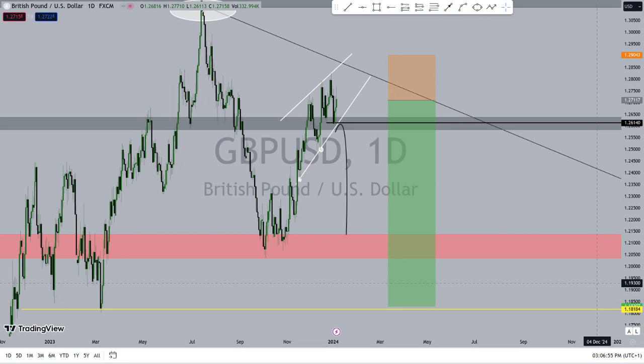Don't forget, trade your plan, plan your trade. Be patient. Don't be too skeptic about entering into a trade when you're not seeing a valid setup. Wait, there's so many opportunities in this market. If you rush into a pair which is not giving you a clear direction, you might end up losing your money and then being frustrated.